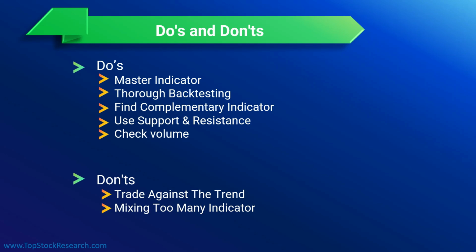If the entire market is in a strong upward trend, then unless you are a contrarian and have a heavy level of confidence, stick to the major trend as much as possible. Check volume, check other support and resistance. Some of the things that we discussed yesterday also need to be considered here.